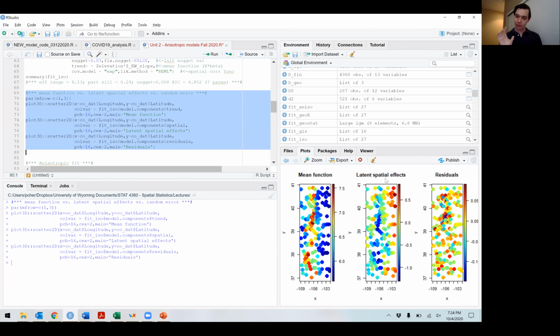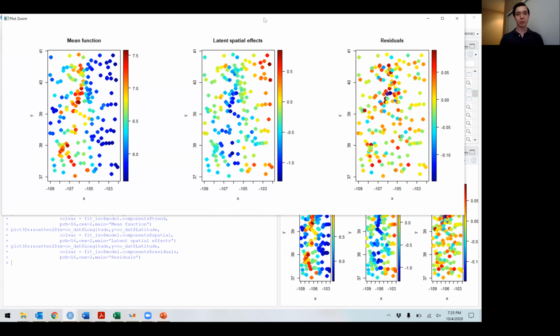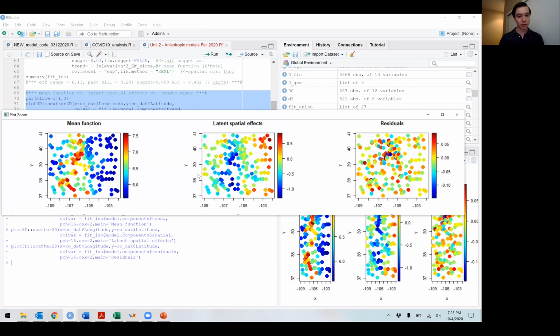When you're looking at plots like this, I want you to be very careful because I have latitudes on my y-axis and longitudes on my x-axis. They're both measured in decimal degrees. They both have the same units. So when you're comparing, make sure that you scale the actual images approximately.